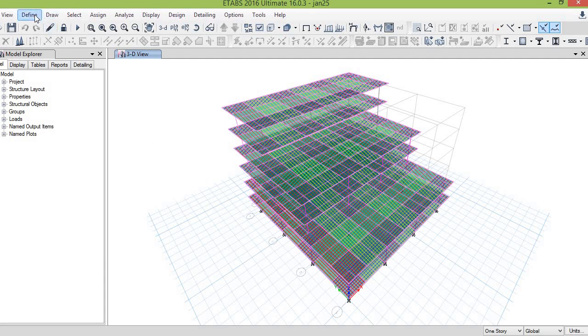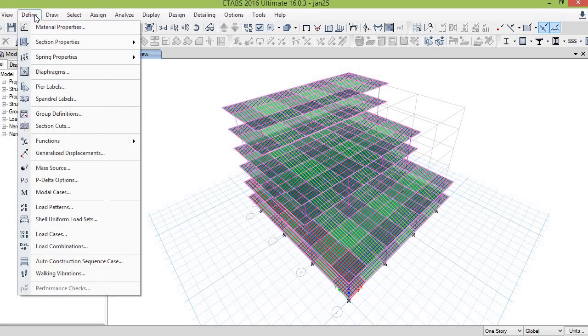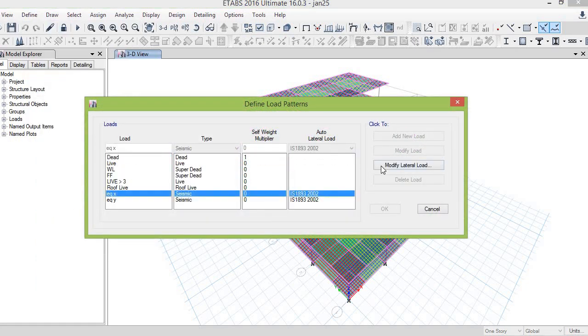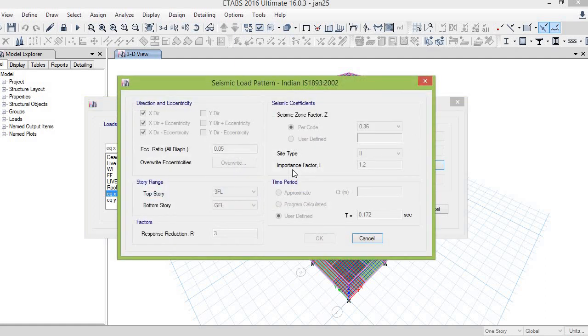For analysis, you can use any software, in particular ETABS. There is a toolbar, and you have to define the load patterns. While doing so, for the seismic load patterns, we need to mention the time period.